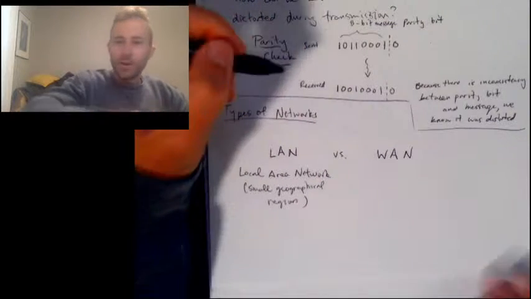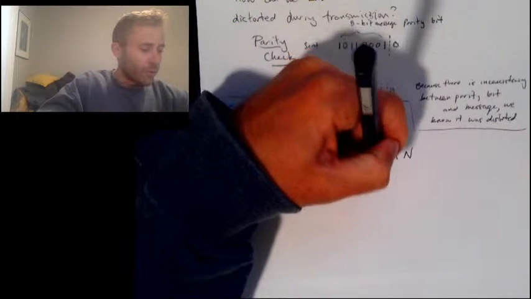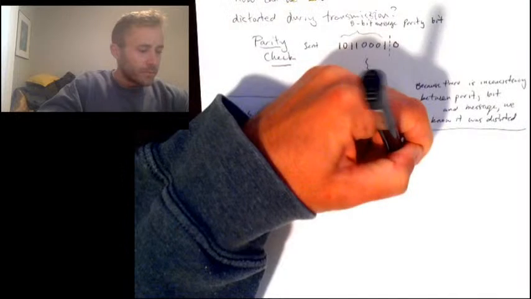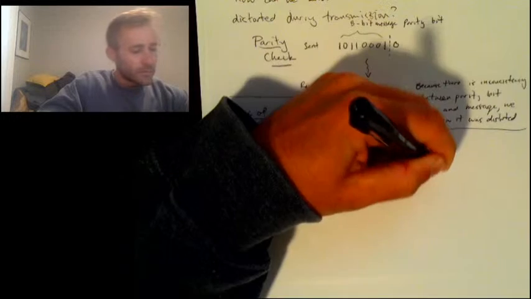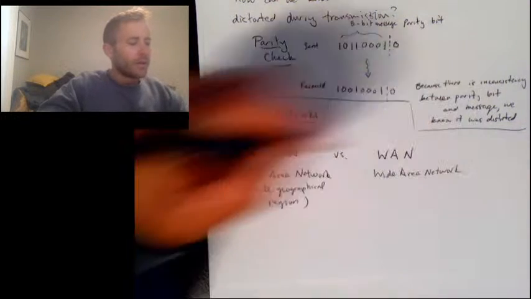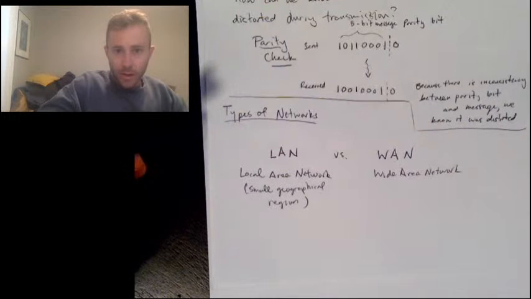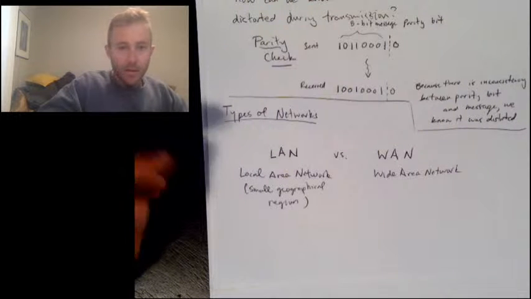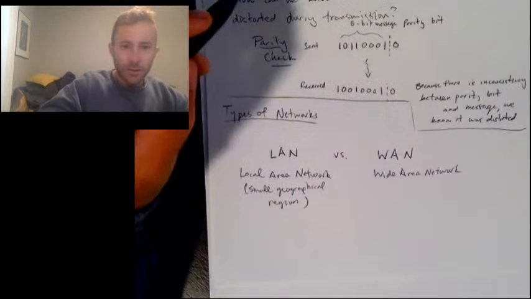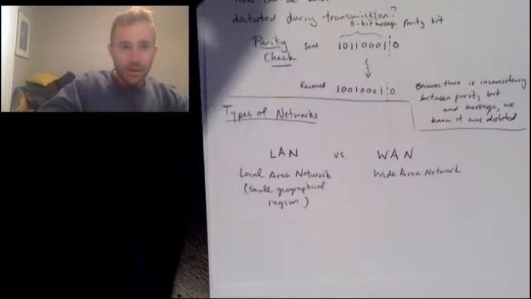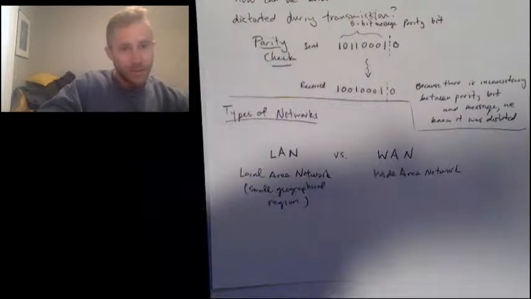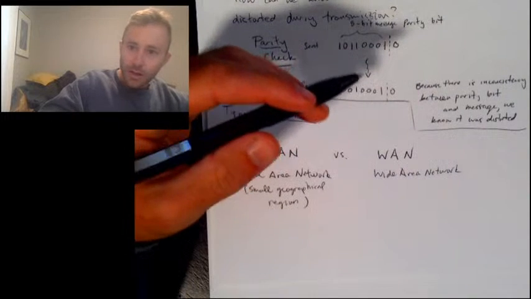Then you have a WAN, which stands for Wide Area Network. So a LAN might be a single building, whereas a wide area network might be an entire internet service provider or an entire state or something like that.